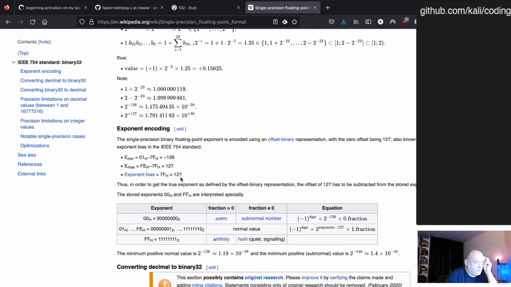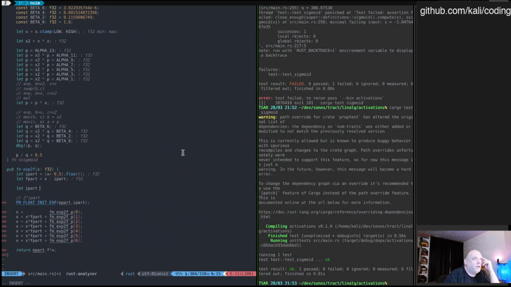Yeah, there is a shift with the 0 offset being 127. Okay, exponent bias. That's a bias. So we need to do exponent will be I part as E32 minus 127. So that's the exponent, and I will shift it to the left 23 times.